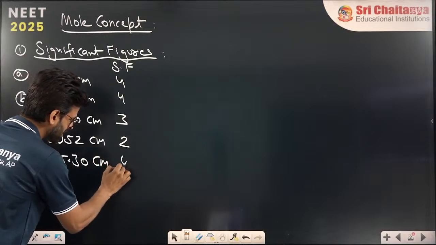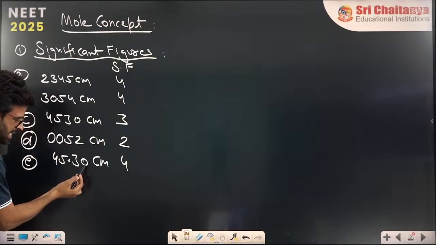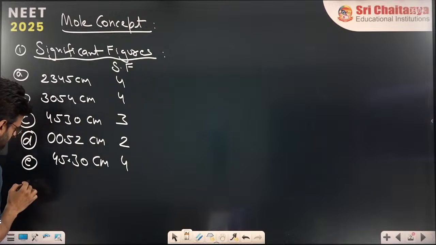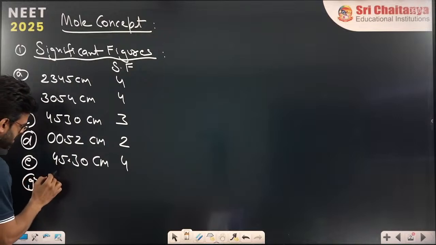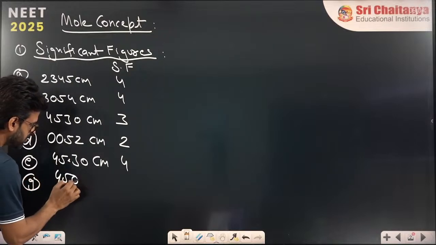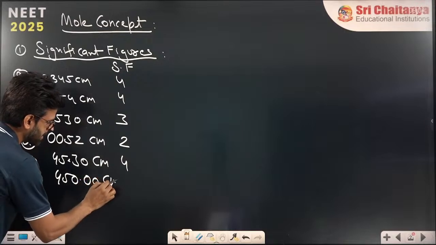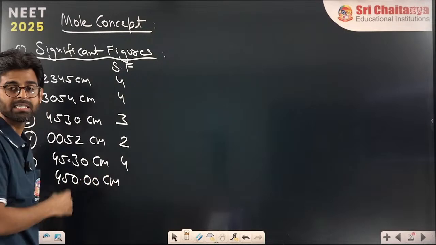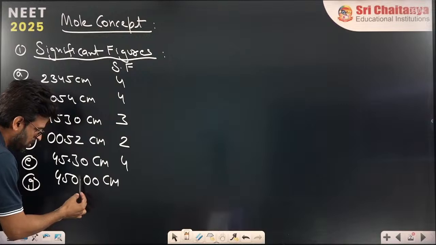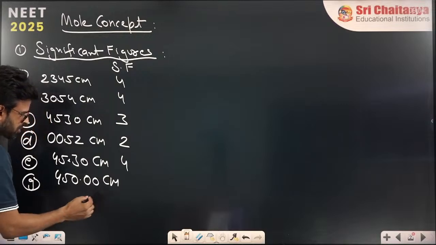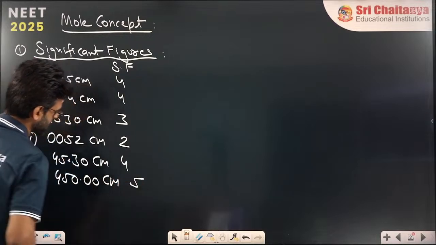This time I will take the zero as significant. Now the next one, 450.00. Right side zeros are significant because the decimal already comes here. So 3 and 2, 5 significant figures.